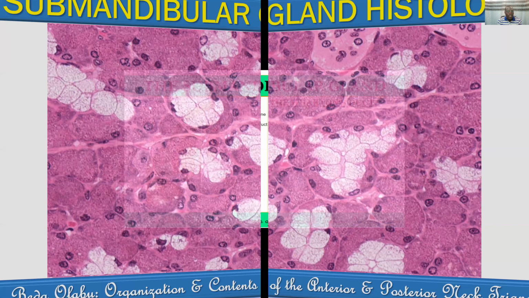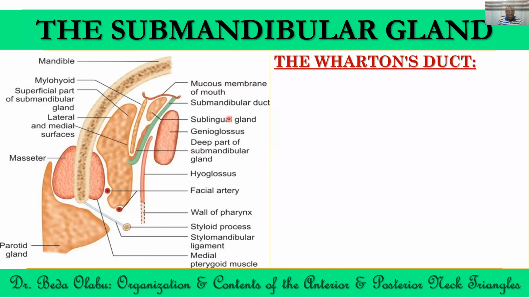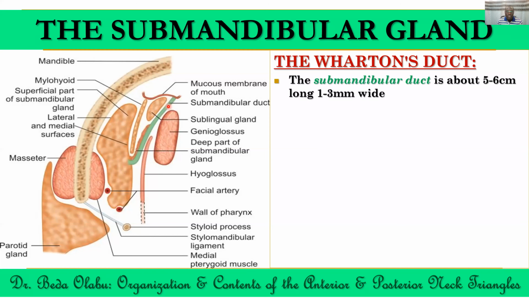Okay, now we can talk about the ducts of the submandibular gland. The main duct of the submandibular gland is called Wharton's duct. This Wharton's duct is about 5 to 6 centimeters long and about 1 to 3 millimeters wide, so it's slightly narrower than the parotid duct.